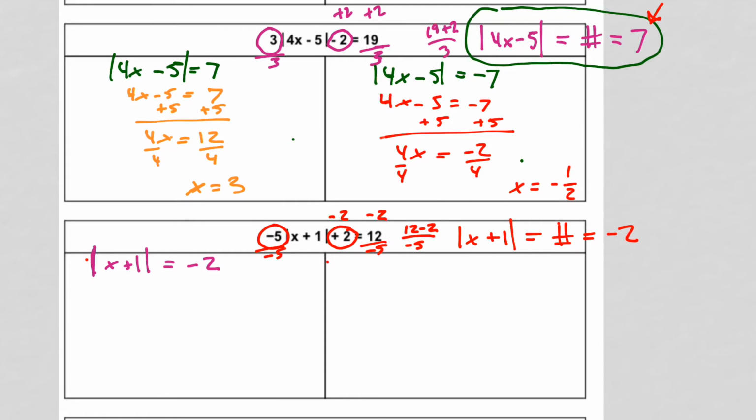And on the other side, I've got the absolute value of x plus 1 is equal to, well, what's the opposite of -2? 2. And let's begin. We drop the brackets. You've got x plus 1 equals -2. Subtract 1 from both sides. You get x equals -3.